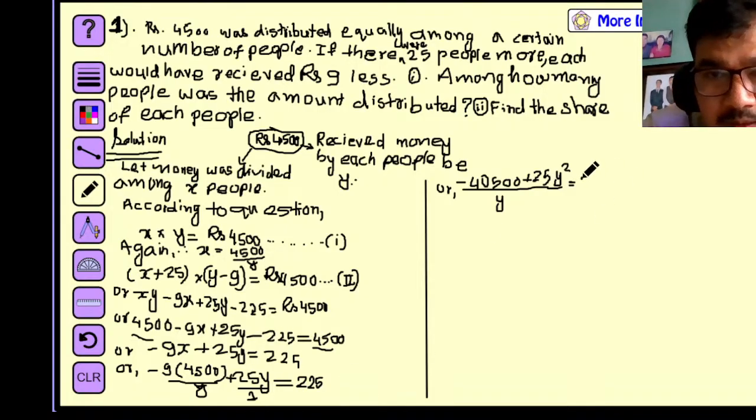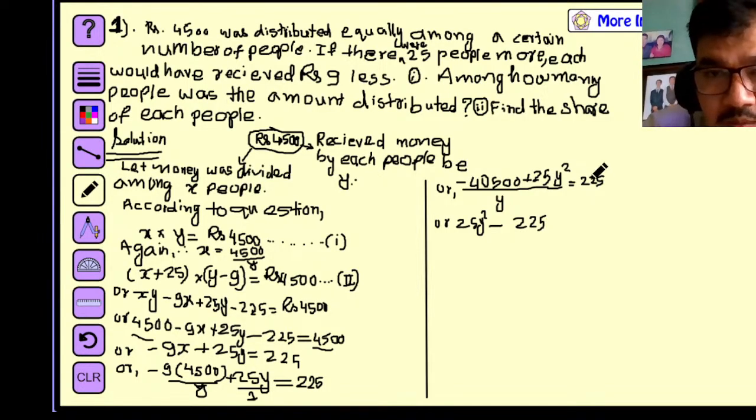It will come here as 225y. Next step, this goes here and 225, then we can bring it to the right side. I'm arranging now: 25y square at first, then write this minus 225.